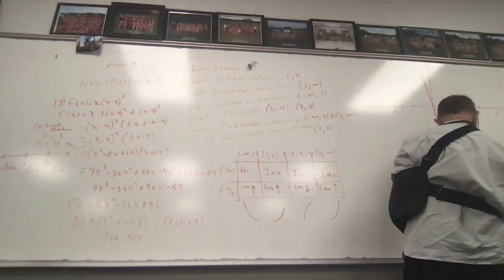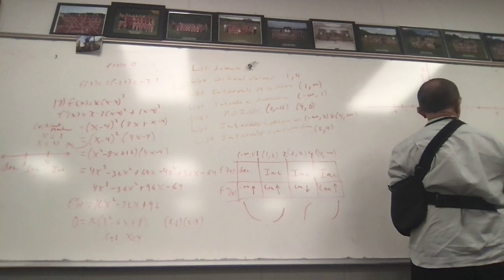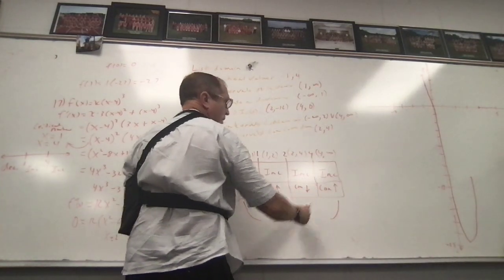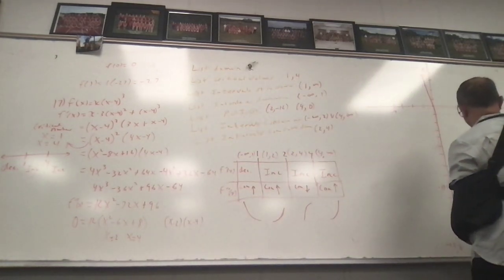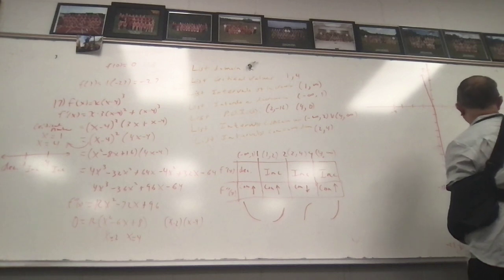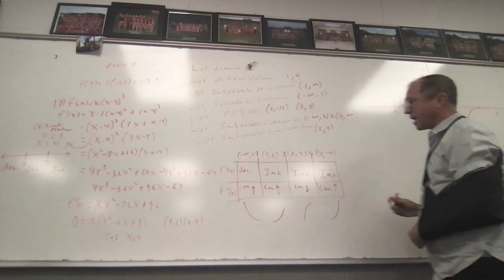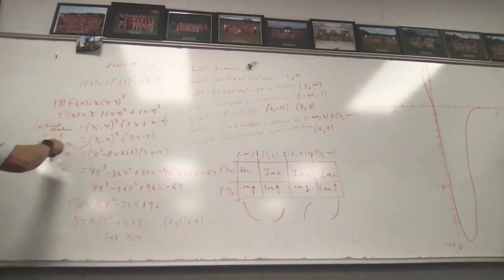So I switch to here, and now from 2 to 4, I'm still increasing, but I switched to becoming concave down. Now remember, not only am I switching concavity here at 4, but remember 4 was also a point where the slope was going to be 0.